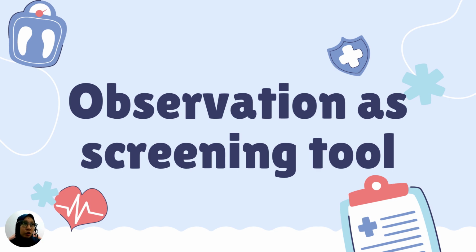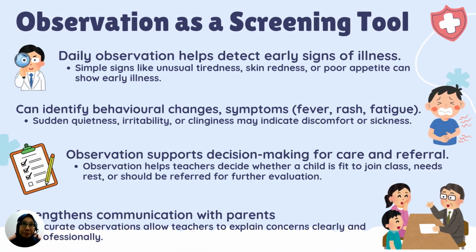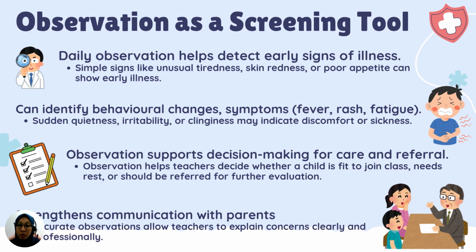Now, moving on to the second subtopic, which is observation as a screening tool. Let's look at this very critical role of observation as a screening tool in the early childhood education setting. So, daily observation is more than just a routine.